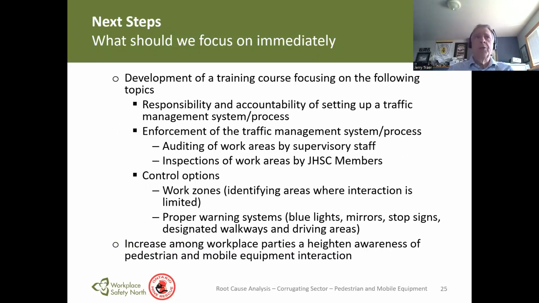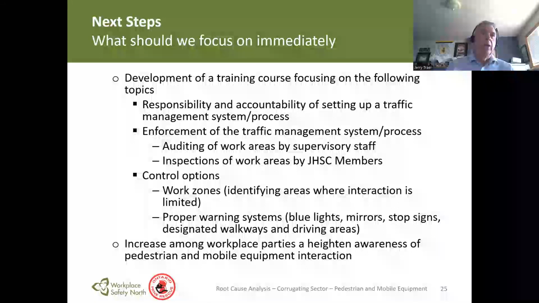We are going to get into development of a training course focusing on the following. When you think about traffic management, there's not a lot in the area of training helping companies become much better at managing their traffic and managing that interaction between workers and equipment.